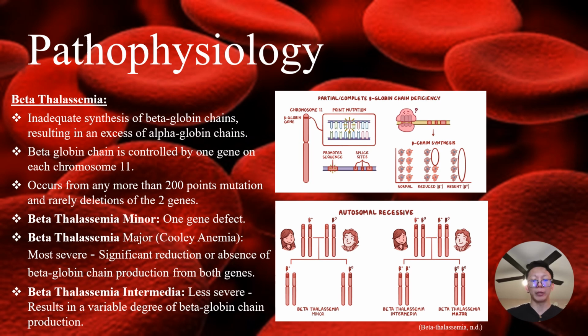And then lastly, we have beta thalassemia intermedia, which is the less severe form, mainly characterized by a variable degree of beta globin chain production.